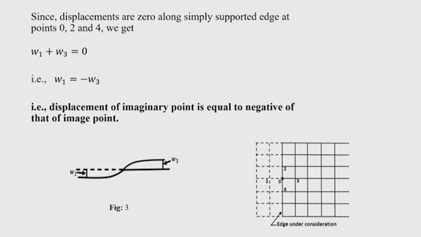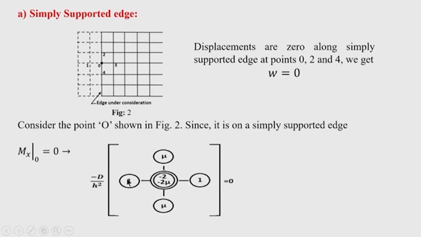Now, if you see the simply supported condition, the deflection will be like that, because rotation is permitted, so there you will get slope. Since the grid sizes are equal, W 1 plus W 3, because this is falling on the image point, and the coefficient is 1.